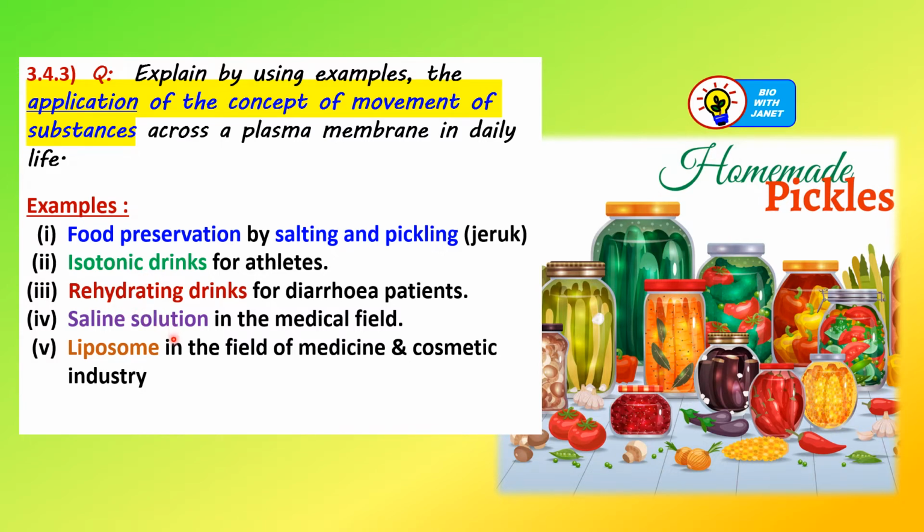Number 4, saline solution used in the medical field. And the 5th one is not so related to osmosis, but it's related to the concept of movement of substances across the plasma membrane too, which is the use of liposomes in the field of medicine and the cosmetic industry. So we'll start with food preservation.